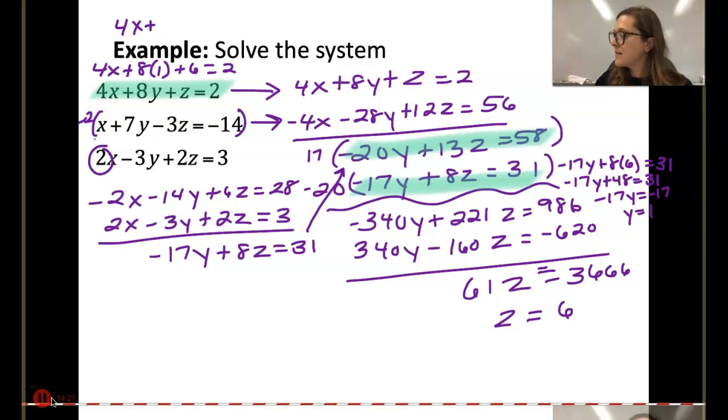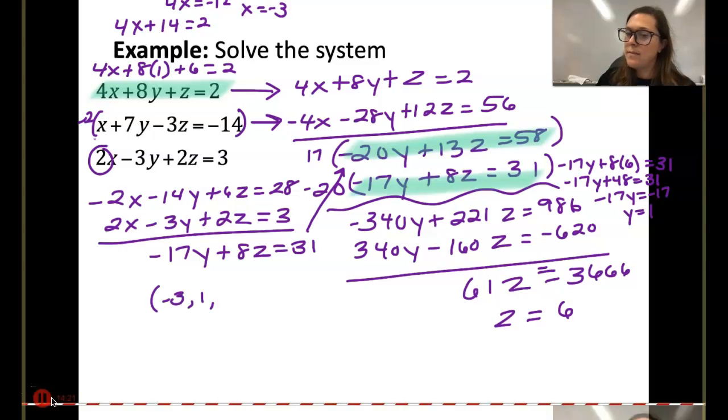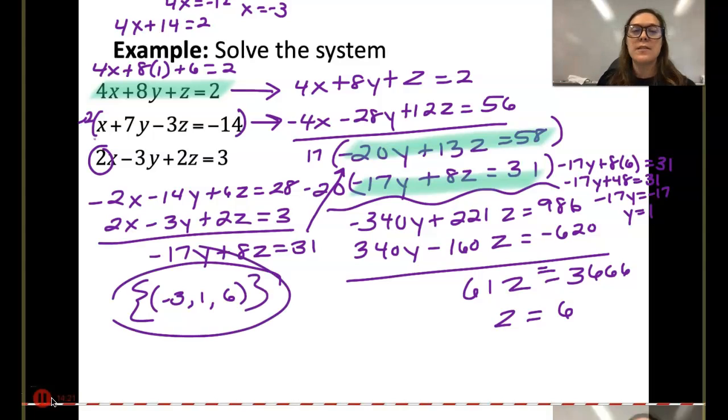So 8 plus 6 is 14 equals 2. Subtracting 14, 4x equals -12. And then we have it at -3. All right. So my final answer is x is -3, my y is 1, my z is 6. Set notation. Check your work.